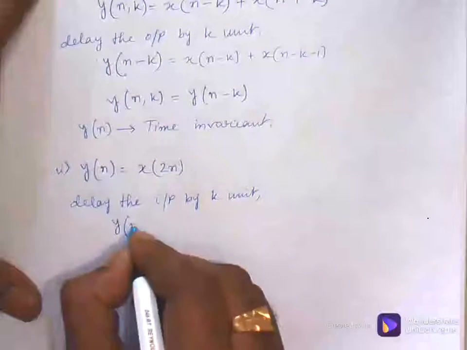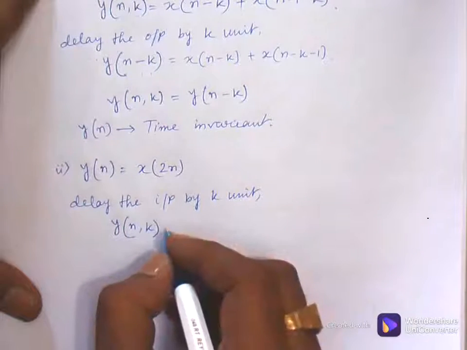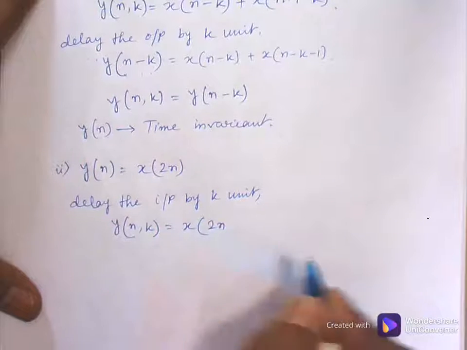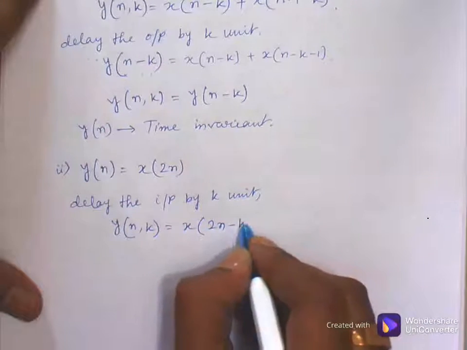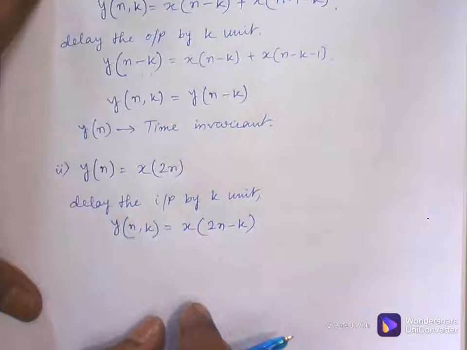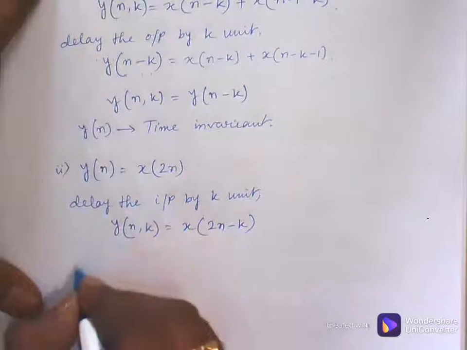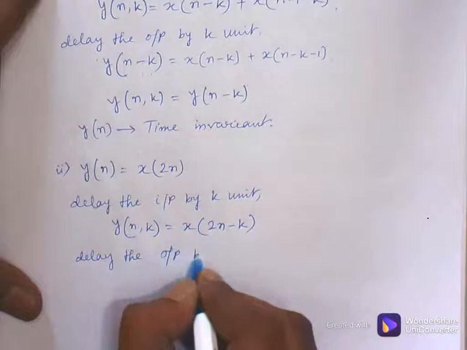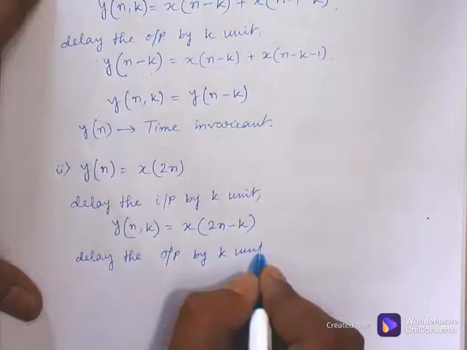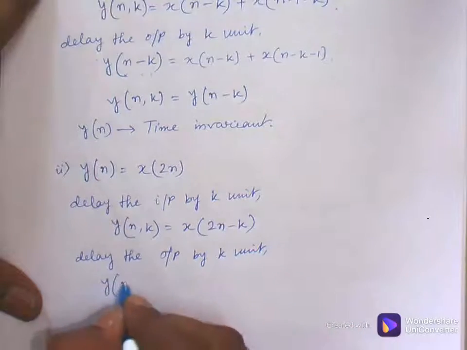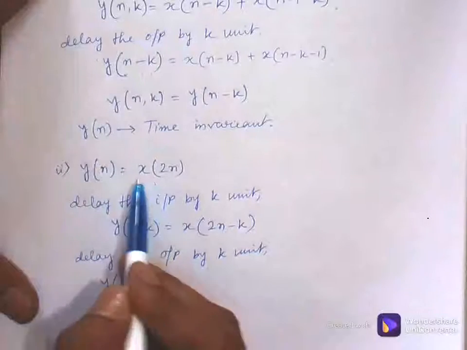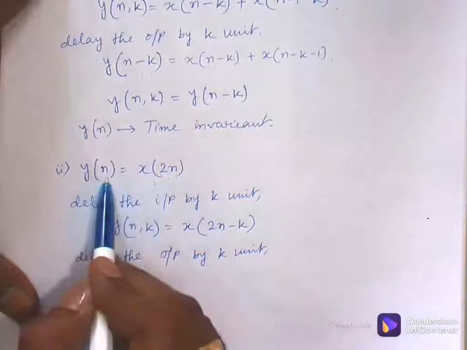What value will I get? y of n comma k. That means x of 2n, and I am delaying the input by k. Okay. Now delay the output by k. But I will get n minus k.